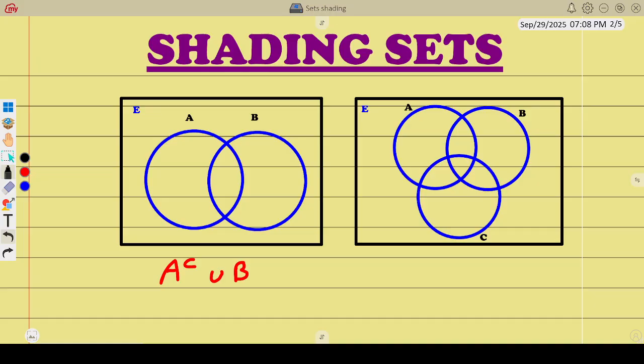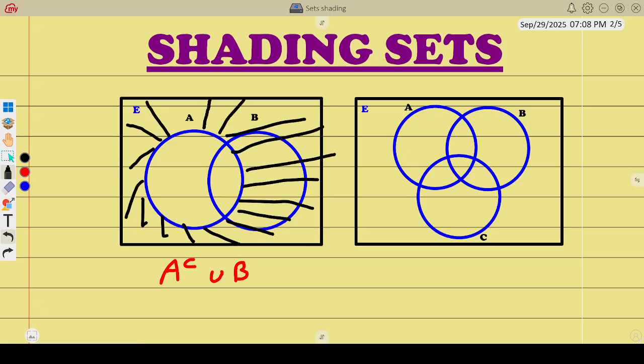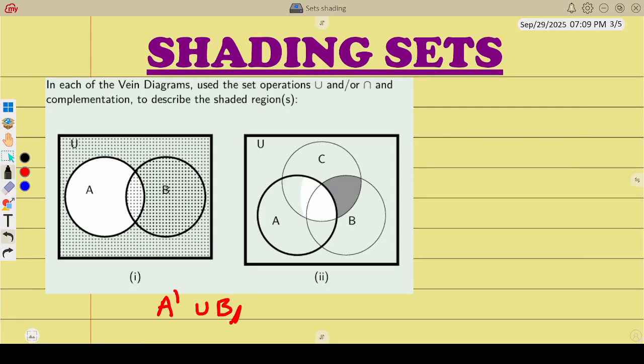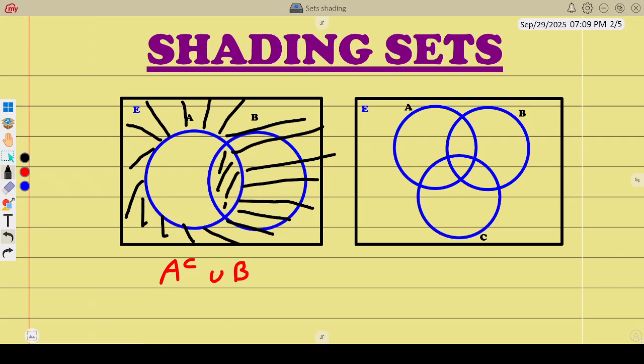You simply shade what is outside of A. These are the things which are outside of A, all this is outside of A, and then union B. So this is B, and everything in B, even this area, we shade it. This is the shading which you can see here. Outside of A they put dots, and then everything in B was shaded. It's just a matter of observing the pattern.